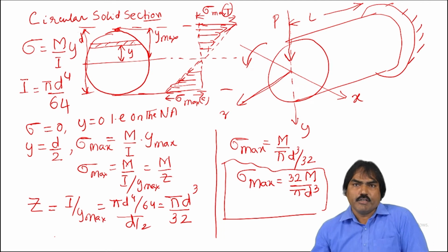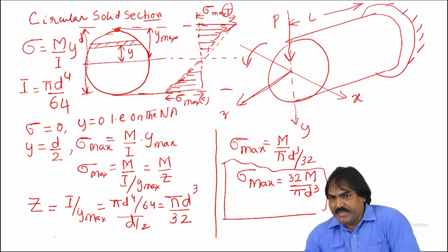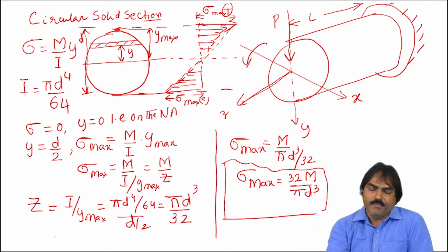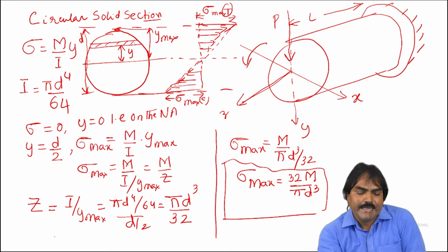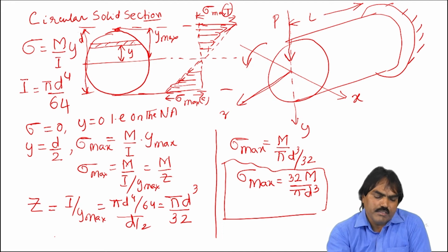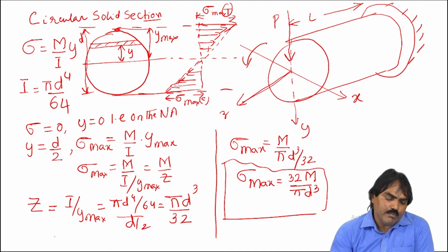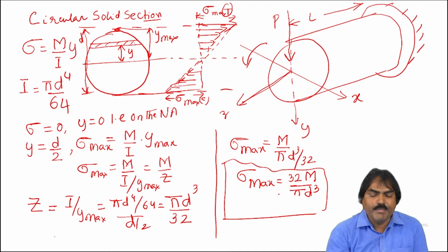So in a circular section made of any material with any fixing condition, because in this case I have shown a cantilever structure subject to loading, we can first find the bending moment, then the moment of inertia, then the section modulus, and then the maximum bending stress.